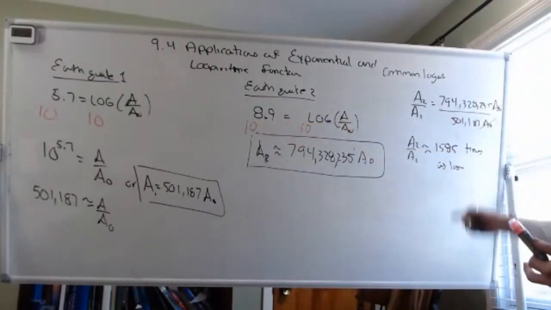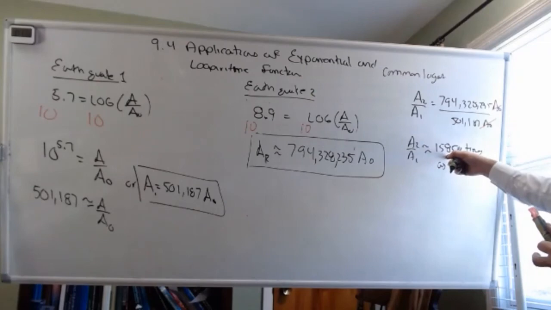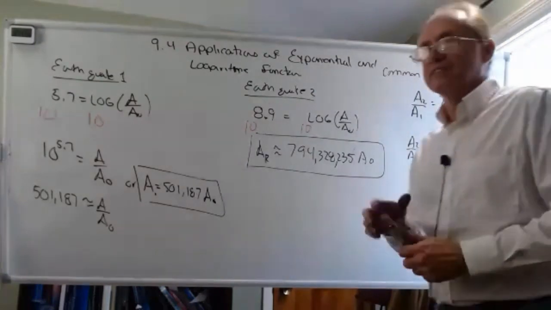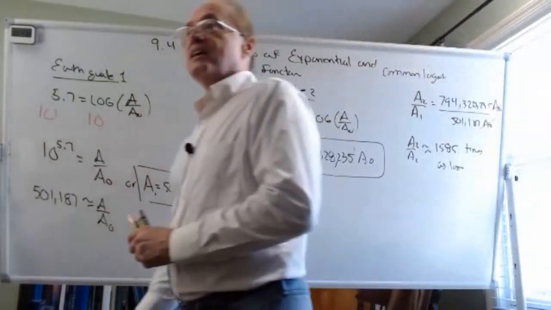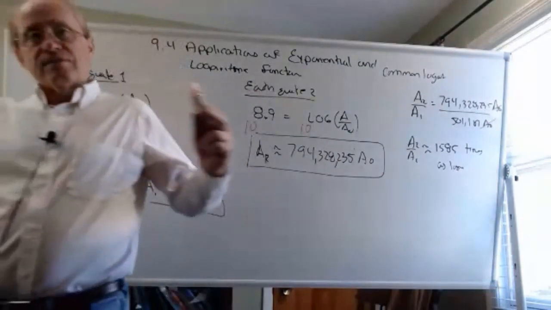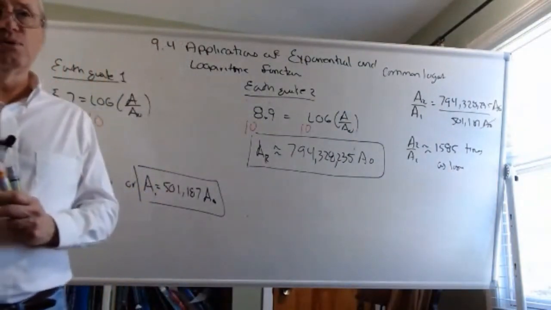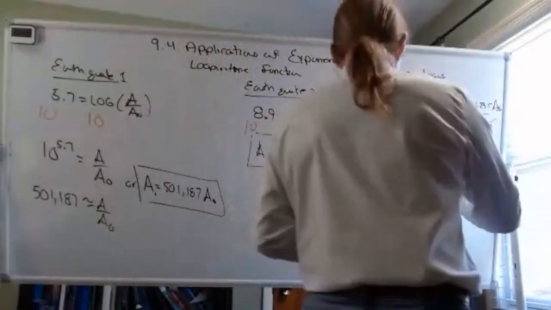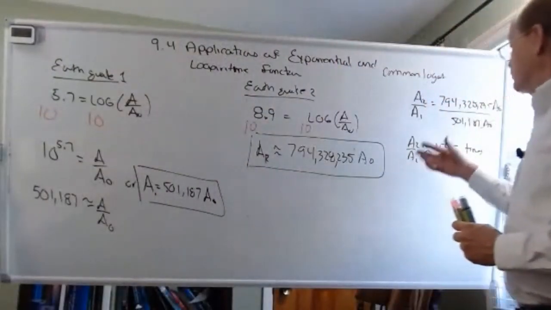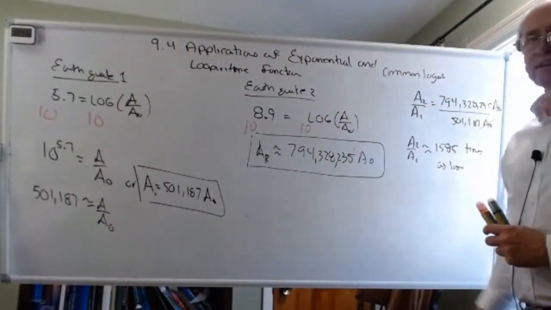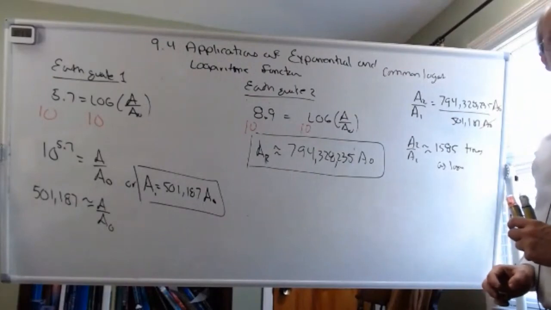A 3.2 increase on the Richter scale is a factor of almost 1,600 times the size of the previous earthquake. It's a large scale, scaled down to small numbers. So when you hear something increasing by 1, 2, or 3 Richters in magnitude, it's a big increase.